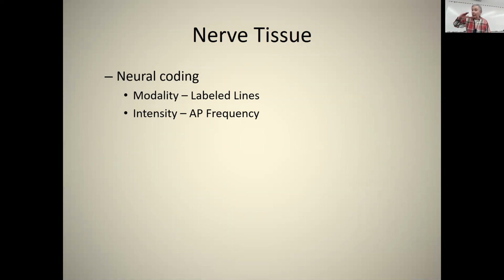So that's the intensity of the input, and that's action potential frequency. The more intense the stimulation, the higher the frequency of the action potentials. And we talk about frequency of action potentials as how many impulses per second. 10 impulses per second, 100, 1,000 impulses per second.